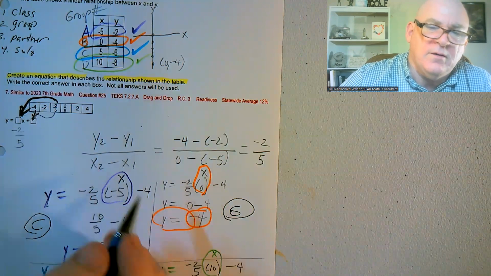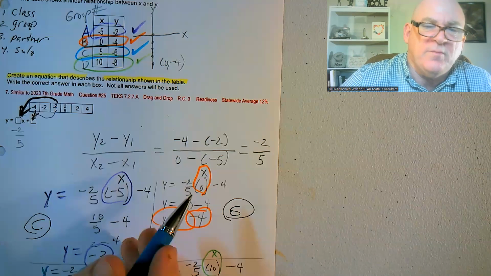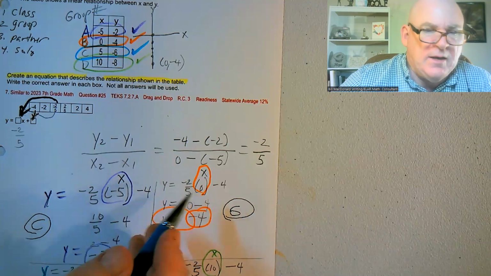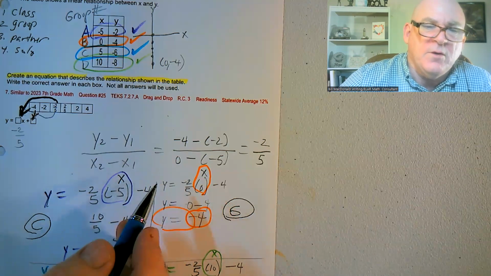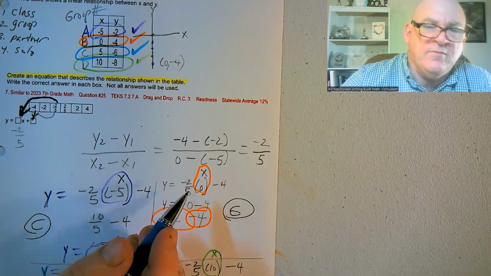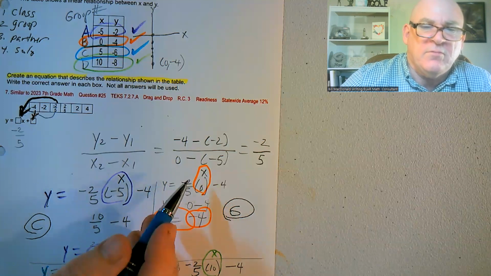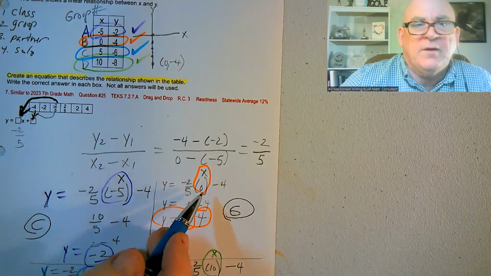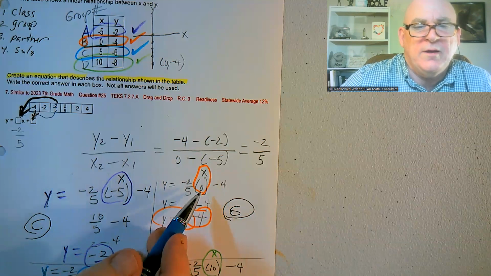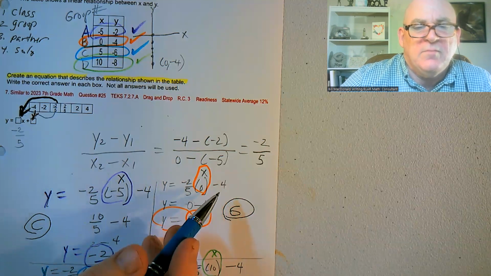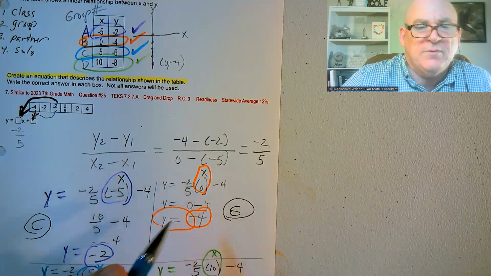Right? Then in groups, they can try to plug in the second one. Same y equals mx plus b, y equals our -2/5, our rise over run. Plug in our group data, a 0 for x minus the y-intercept.